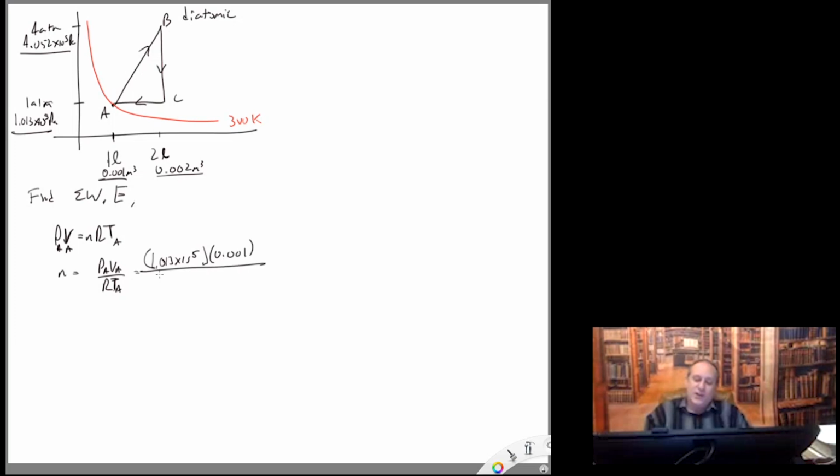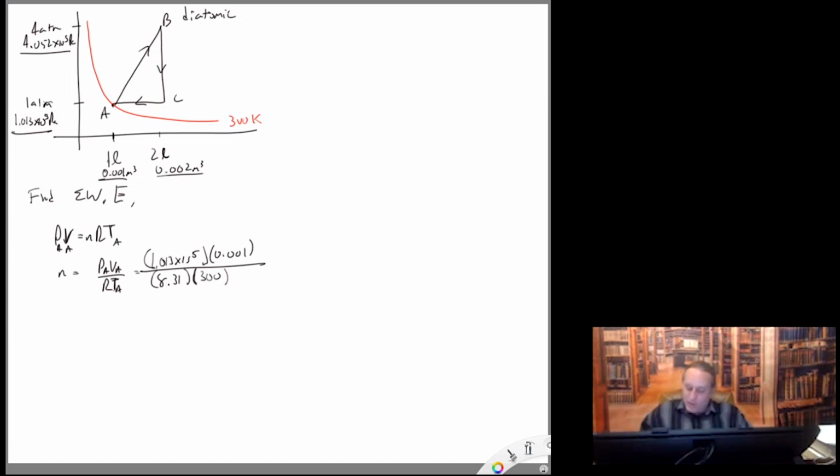The value of R is 8.31. In chemistry class, they sometimes keep pressures in atmospheres and volumes in liters, and they just give you a different value of R with different units. That works, but we're not going to do that in this class. And then TA is just 300 Kelvin.